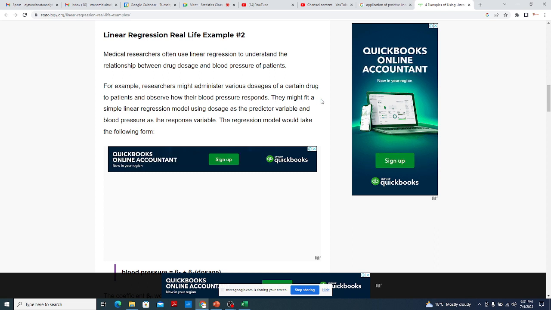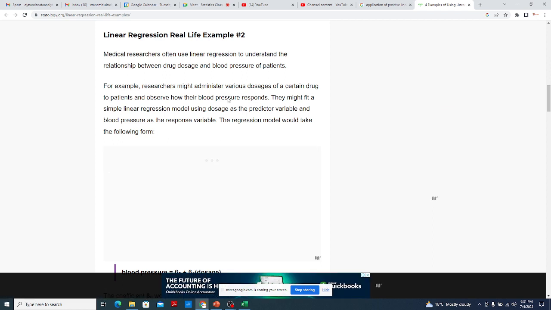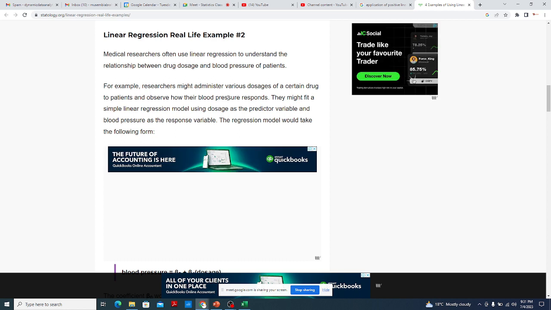They might fit a simple linear regression to the data they have collected. For example, for blood pressure there are pills: someone gets to the hospital and his or her blood pressure is high.